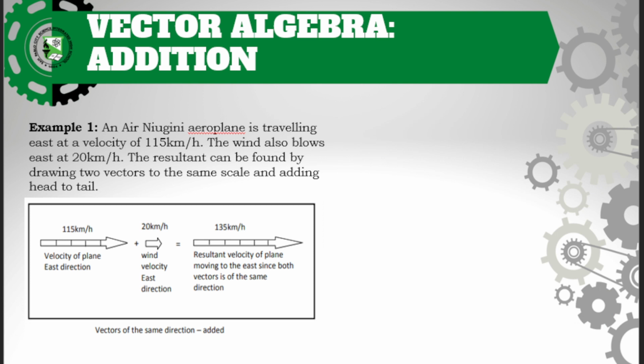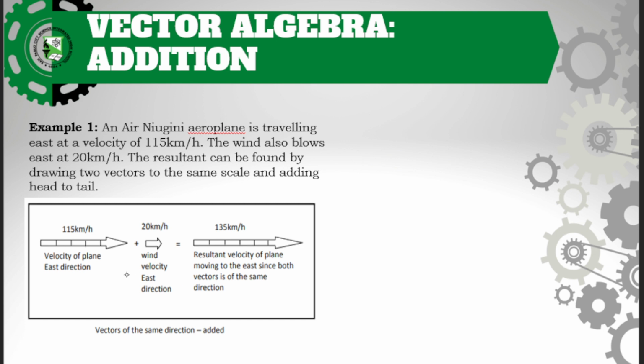So let us try answering these problems. An Air New Guinea airplane is traveling east at a velocity of 115 kilometers per hour. The wind blows east at 20 kilometers per hour. The resultant can be found by drawing two vectors at the same scale and adding head to tail.